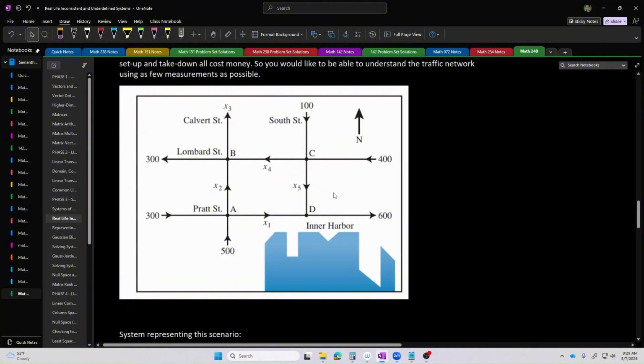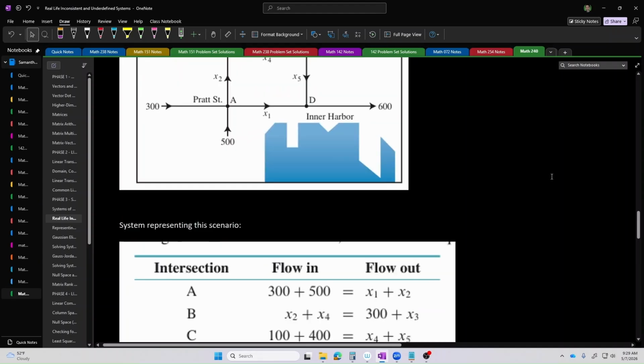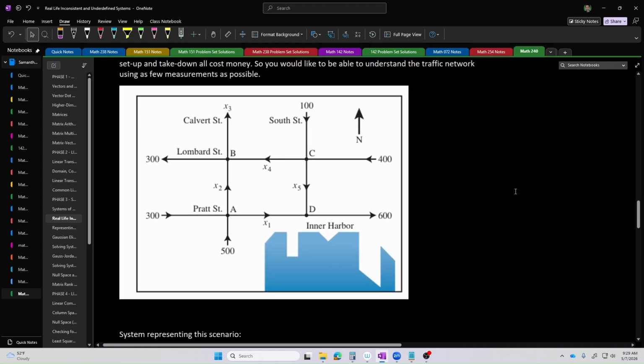So let's suppose that in this traffic network, we have measured the traffic coming out of 1, 2, 3, 4, 5, 6 one-way streets, and we're trying then to solve for the traffic on these other 1, 2, 3, 4, 5 streets in the network. Now, you can set up a system of equations representing this network by looking at every single intersection in the network.